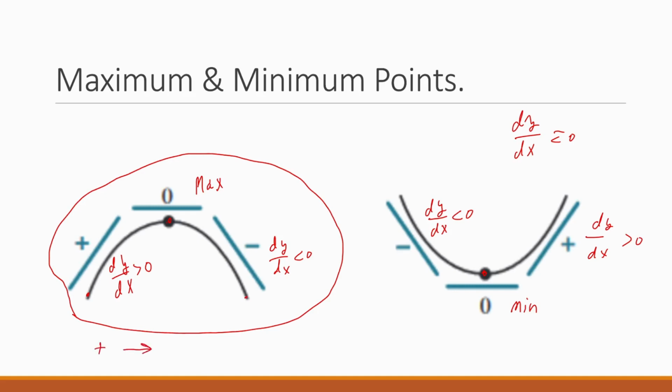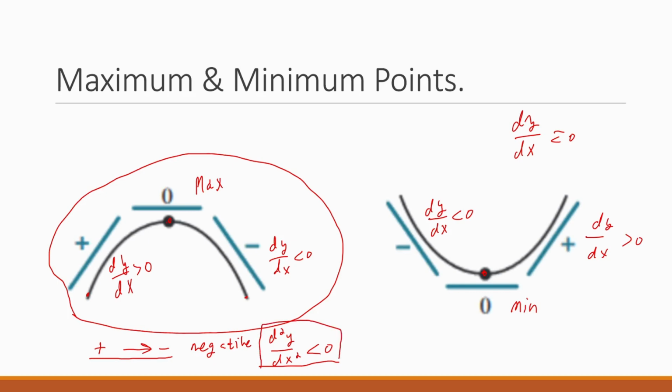So what does this mean? This means the overall decrease of gradient is supposed to be negative. Means that the rate of change of gradient d square y over dx square is less than 0. This is what it means, and this is when the max point is supposed to occur.